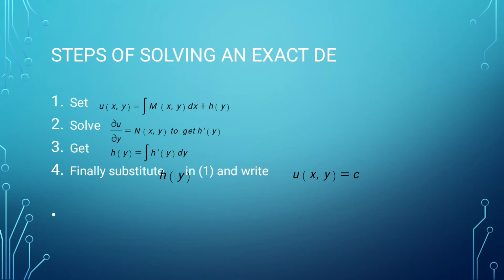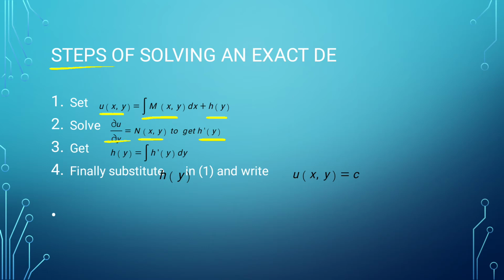So there are some things that you need to know. These are the steps of solving an exact DE. First, you set a function u to be the integral of M dx plus a given function h of y, h a function of y. Then after that, you solve for du/dy, and after getting du/dy, you equate it to N. This is in the effort of getting the derivative of this function h of y.